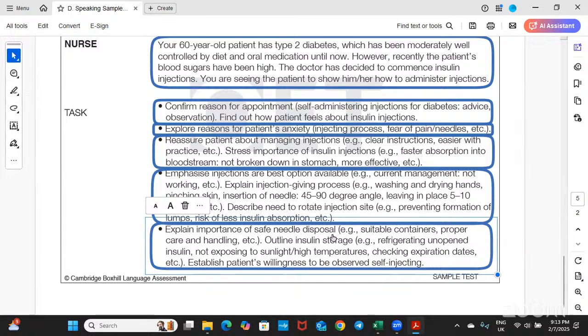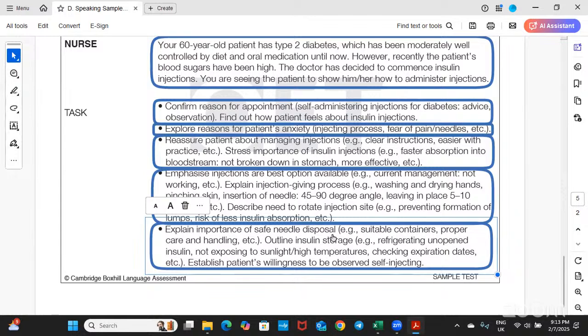Now see, this is how you are going to proceed. Now, are you ready to self-inject insulin? So now you will take his willingness to be observed or to self-inject on his own, right?